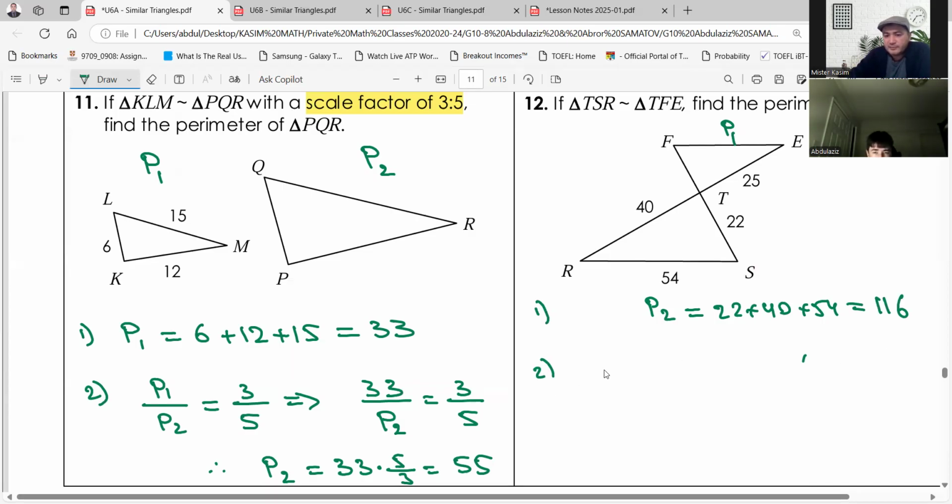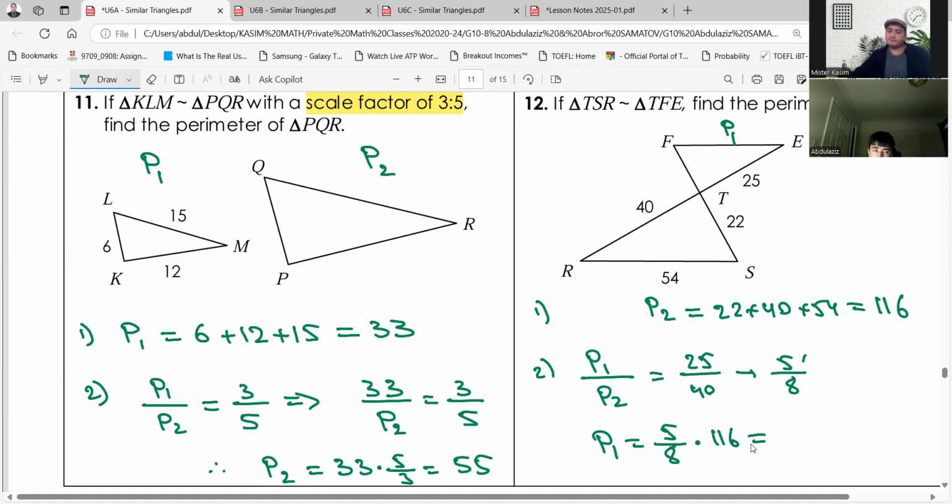And number two, P1 over P2 is equal to its corresponding side, 25 over 40, which is 5 over 8. So we have to find P1. Then P1 is equal to 5 over 8 times P2, which is 116.